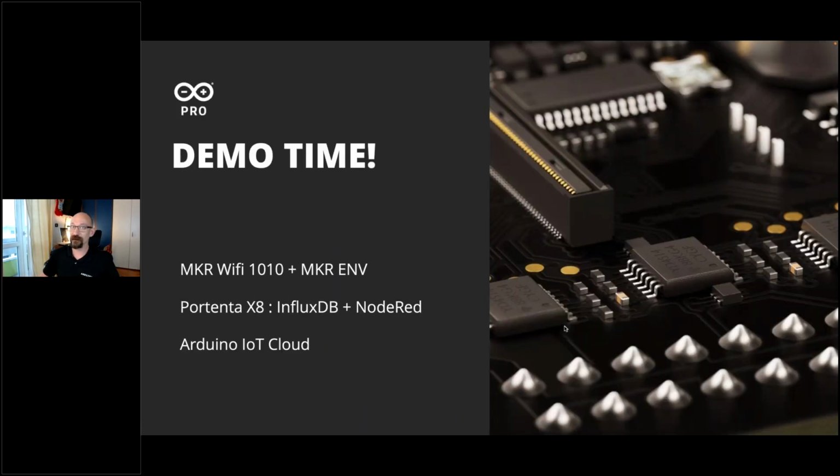Now it's demo time. A few words about this demo. I will be using, as you saw, and you will see in the recorded video, an MKR WiFi 1010 plus the MKR ENV Shield for getting environmental data, temperature, humidity, sending them to the Portenta X8 via wireless.